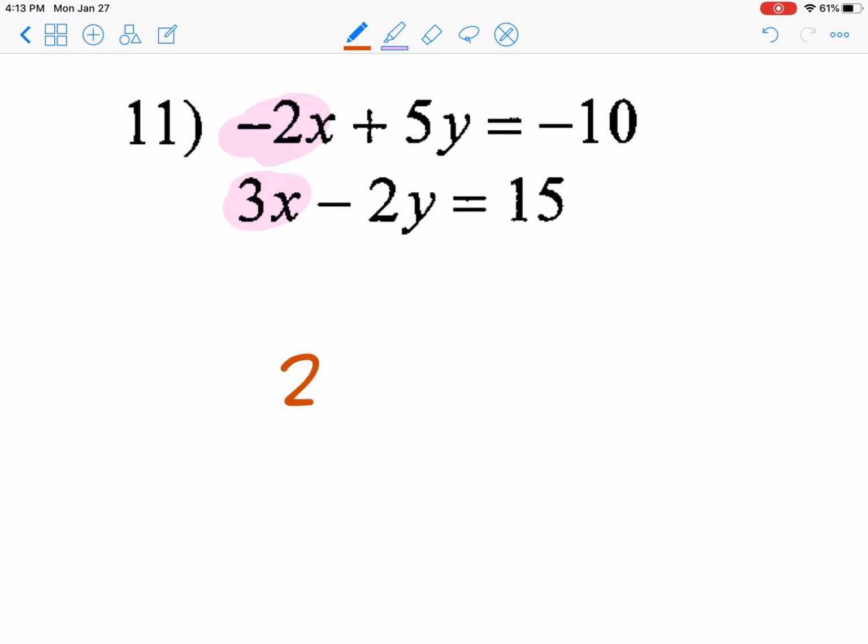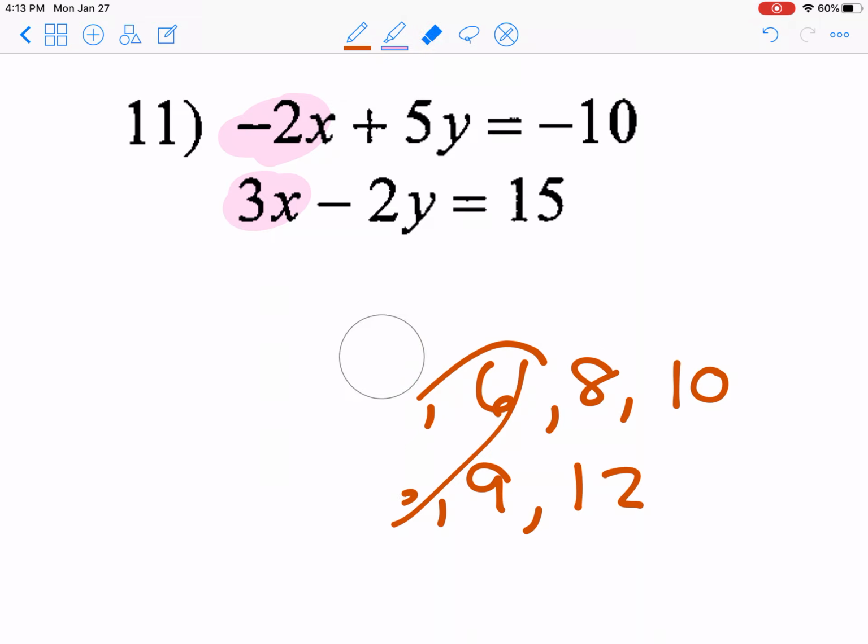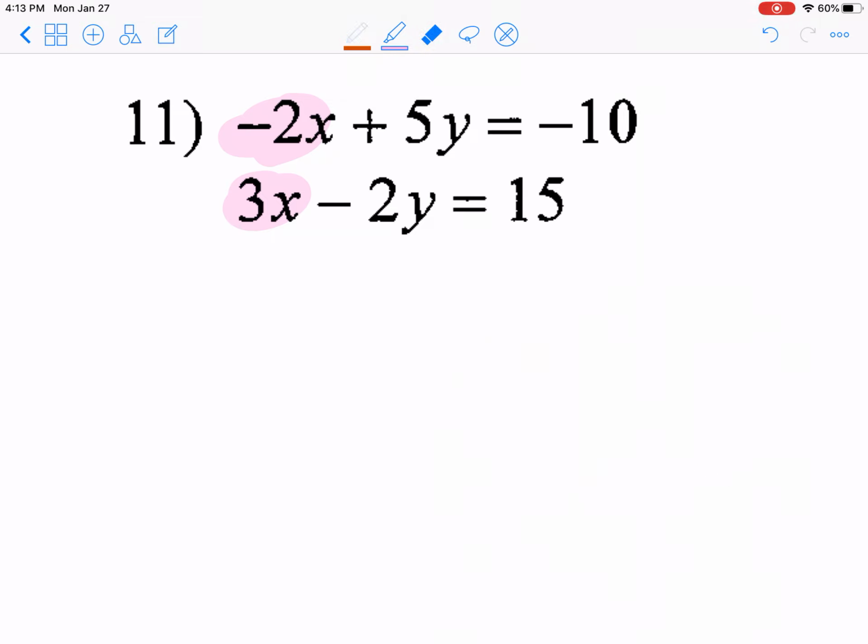If I list a handful of multiples of 2 and a bunch of multiples of 3, looking for the smallest number they share, that's 6.